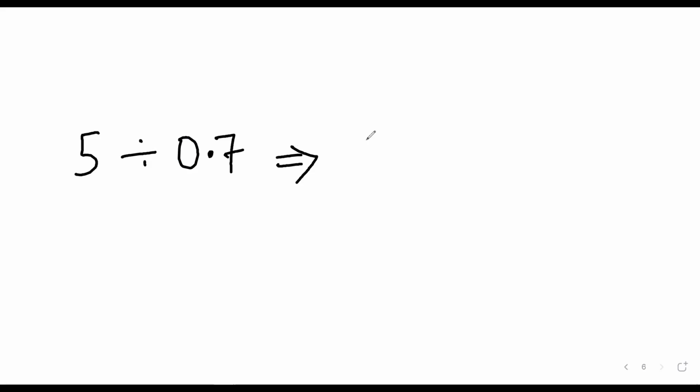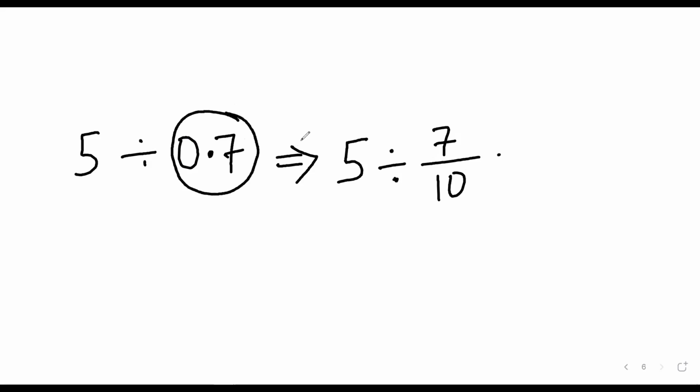The first thing that you need to do is 5 divided by 7 upon 10. The first thing that you do is convert this decimal into a fraction. Why should you do this? Because then you can write this as 5 into 10 upon 7.